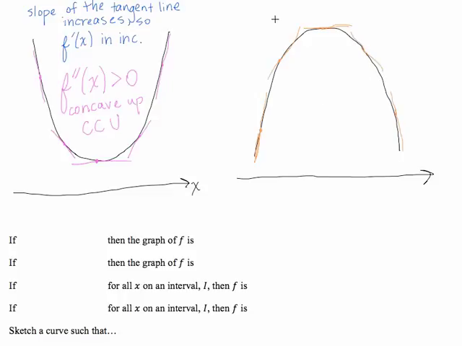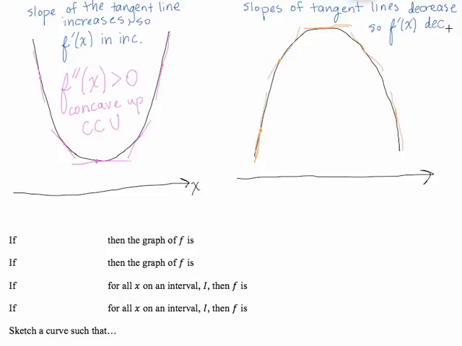So the slopes of the tangent lines are decreasing here. Which tells us that the first derivative is decreasing, because the first derivative tells us the slopes of the tangent lines.